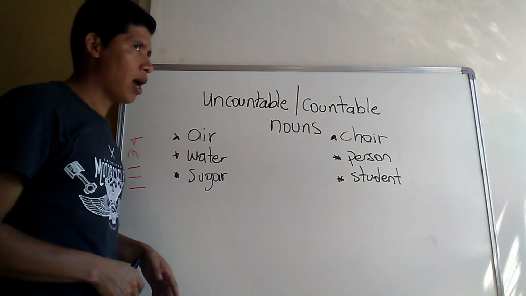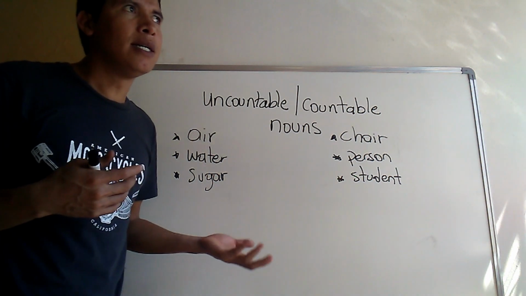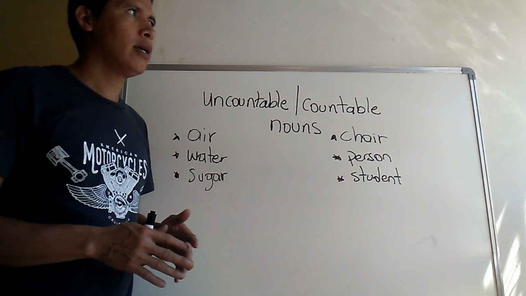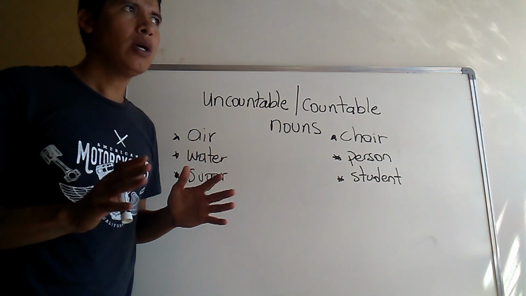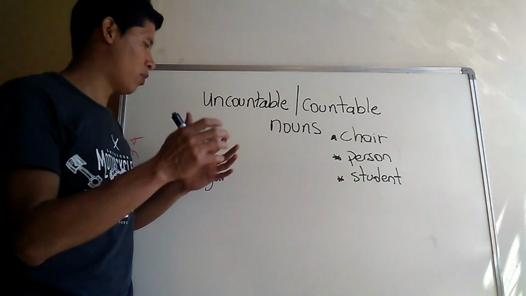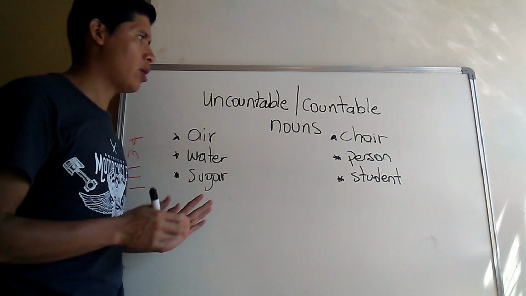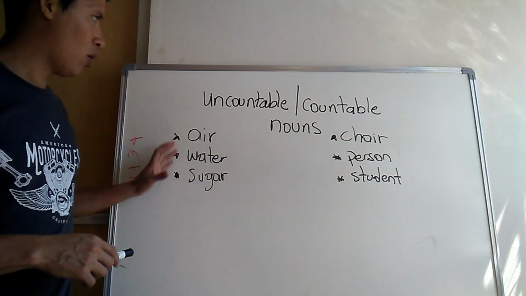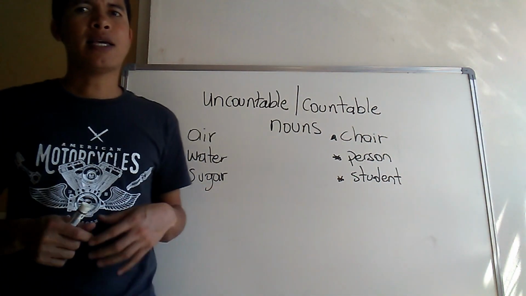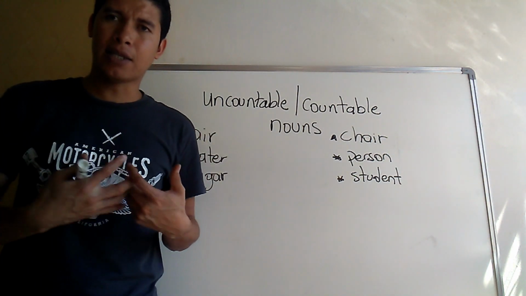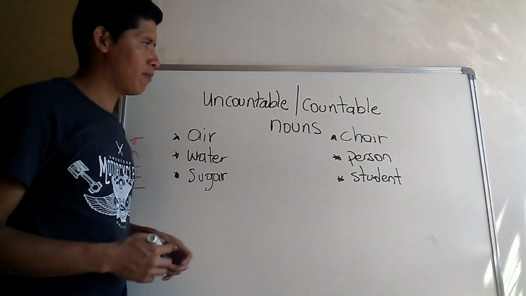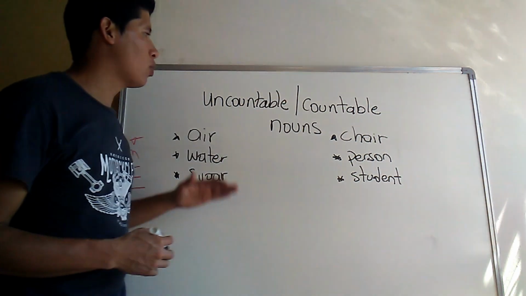I cannot say airs or waters. No, that's not correct. It is impossible to count an uncountable noun and use the plural form. Sugars, no. With uncountable nouns, when we want to express quantity, I can use quantifier adjectives, and that can be used in a plural sense.